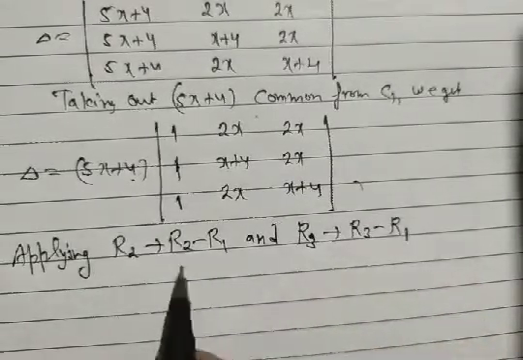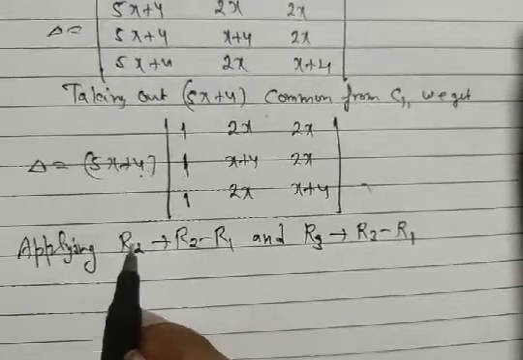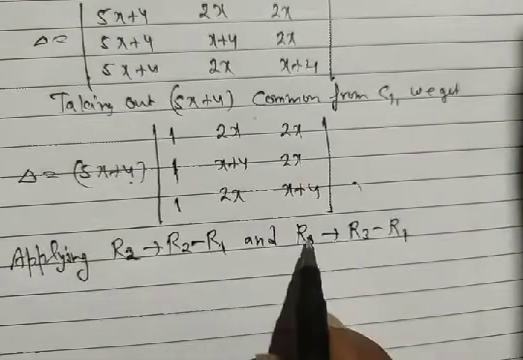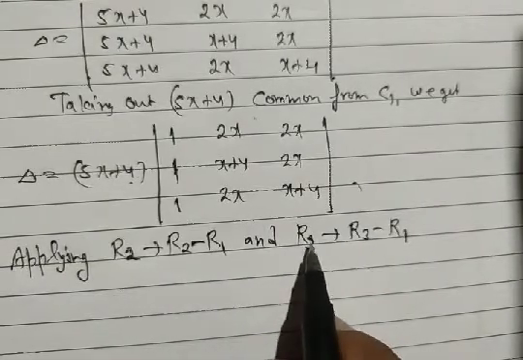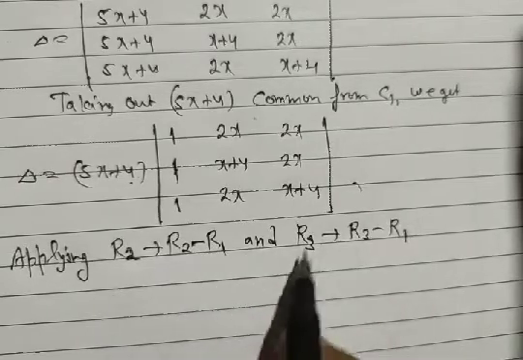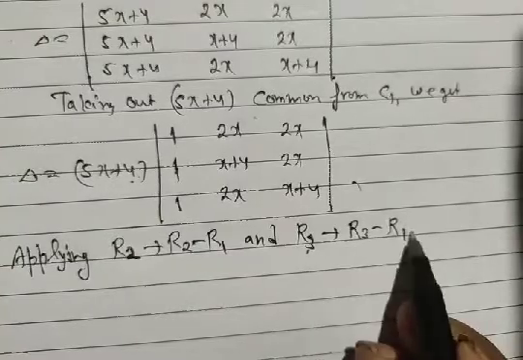Remember that we are subtracting R1. When we apply an operation in R1, we cannot use R1, because we are using R1. That's why we take R3 minus R1 there.